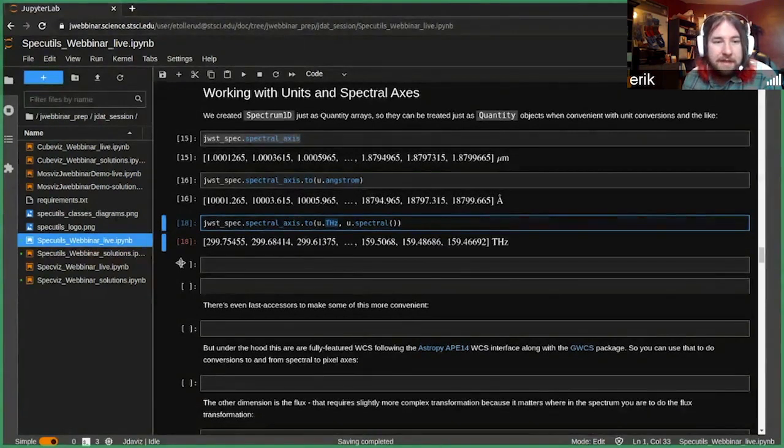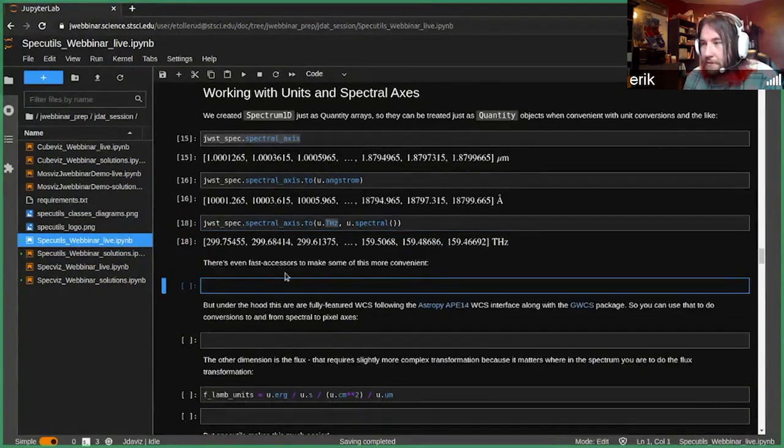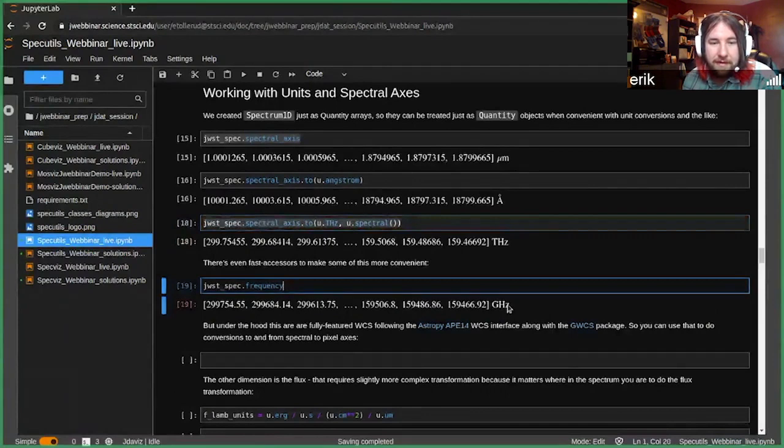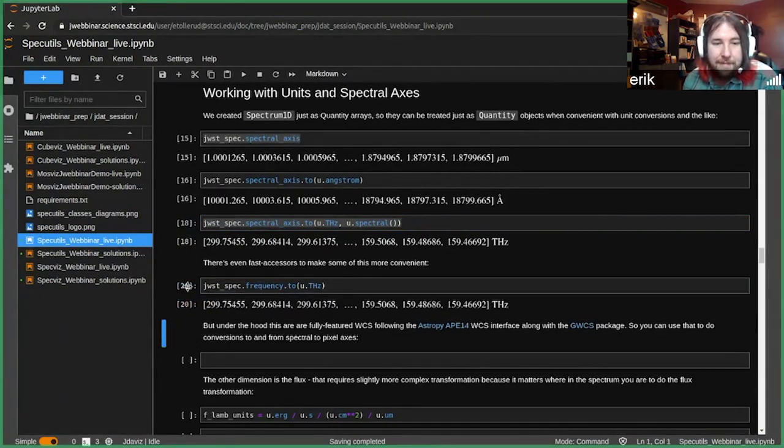There are some convenient little accessors that do that for you, like JWST spec.frequency. That is basically the exact same thing as what I did up here, only it's hard-coded to give you gigahertz, so you might have to do the conversion yourself if you really wanted terahertz, but it's the same idea.